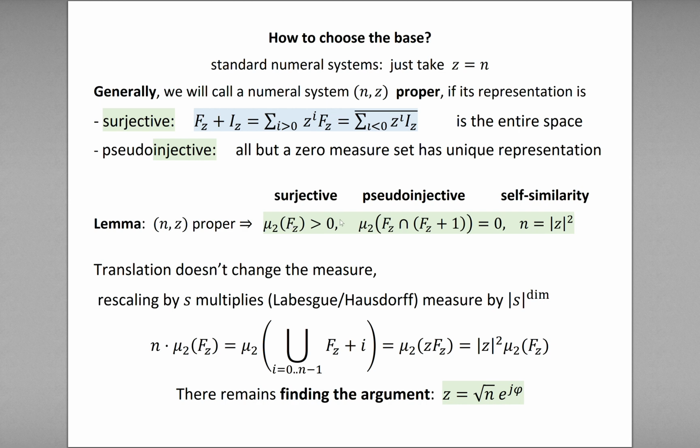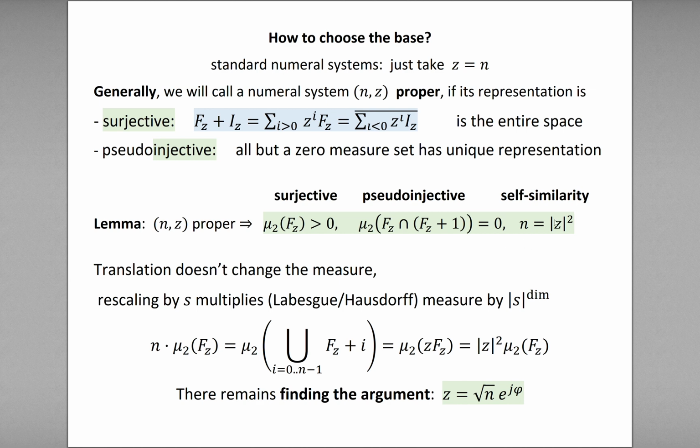Also, for two fractional parts shifted by 1, by changing this one digit in the front before the comma, the intersection cannot have measure larger than 0. And so finally, from these 2, we get this relation that n has to be the modulus of z squared. So this is a necessary condition for the absolute value of this base z.